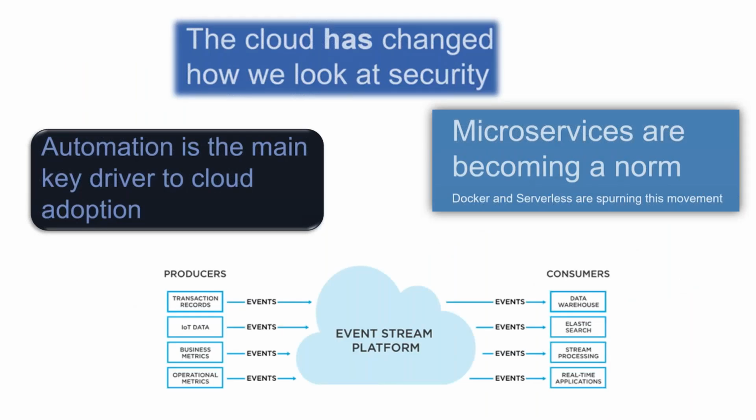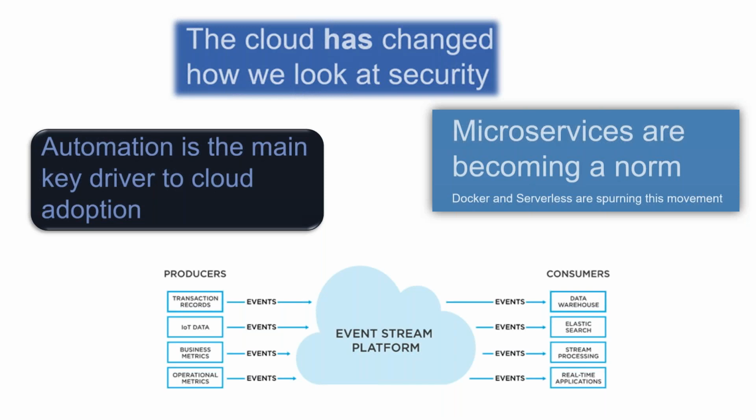Here are some facts about the state of modern technology. These are things that you have probably heard before, where people say the cloud has changed how we look at security. Definitely, we're extending our perimeters outside our traditional network. Automation is the main key driver to cloud adoption.